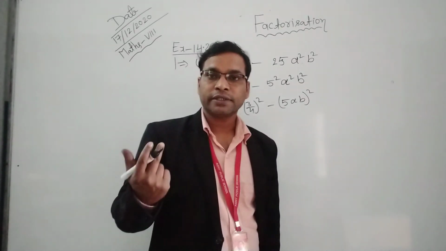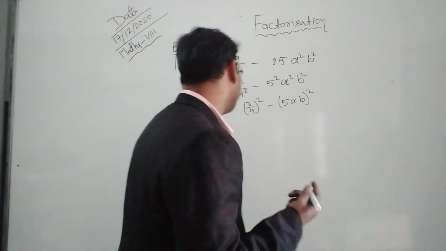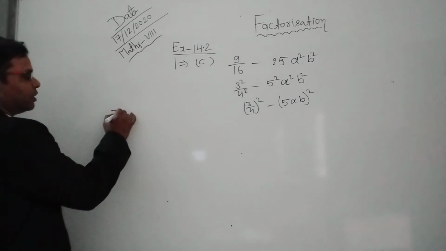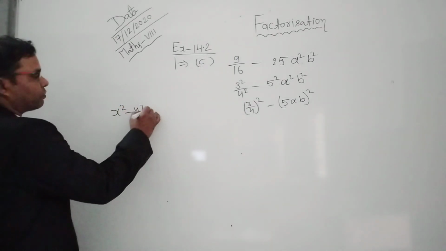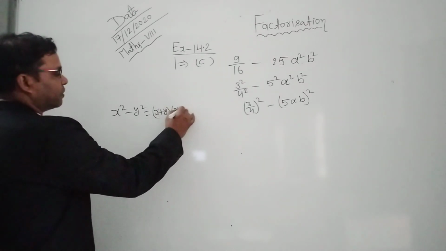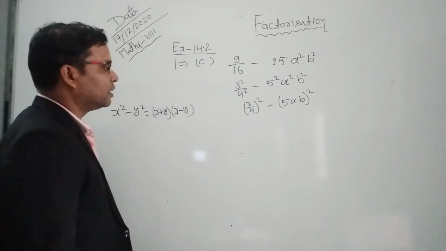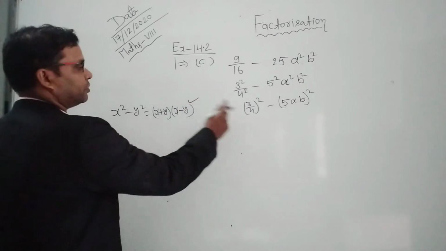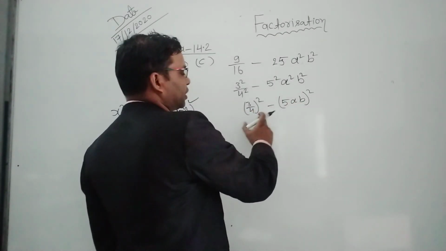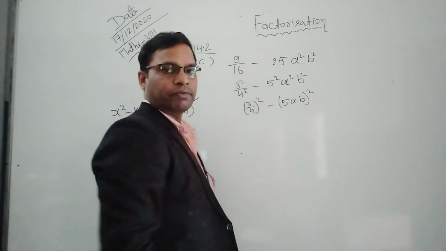So what is the third identity? The third identity is the difference of 2 squares: x square minus y square is equal to (x plus y) into (x minus y). Clear? This is called the third identity. So you can take this as x and this as y, so x plus y into x minus y.